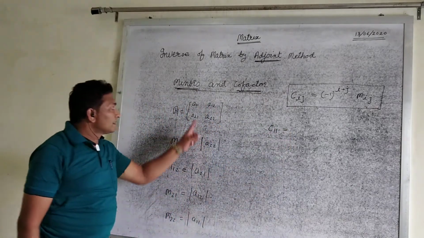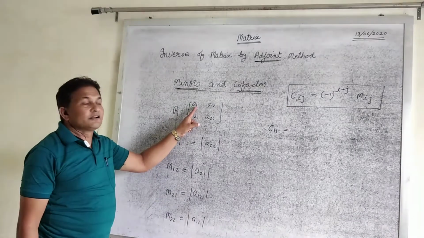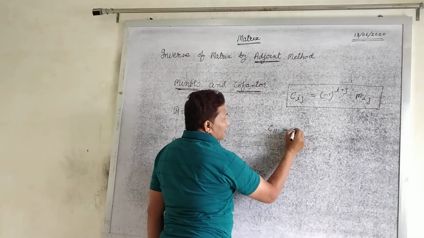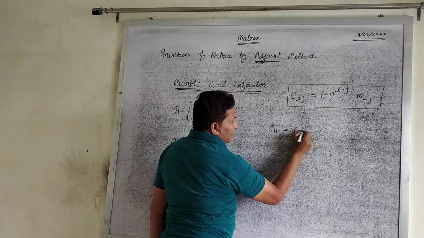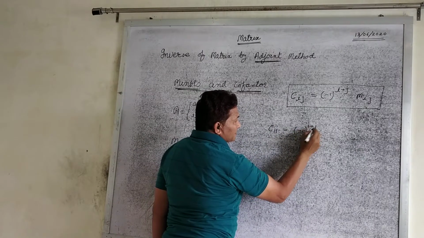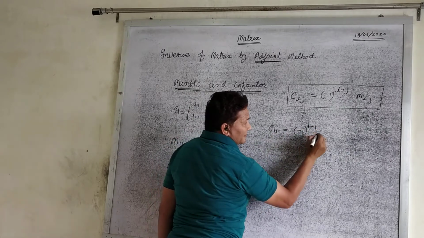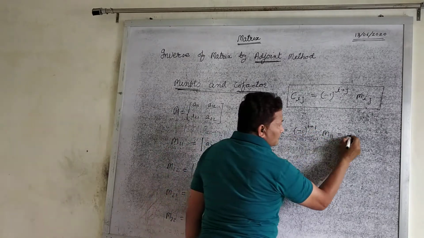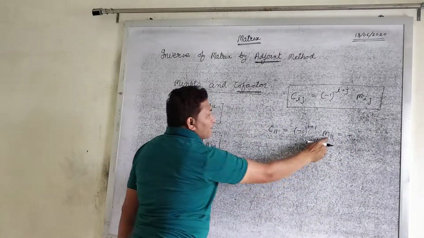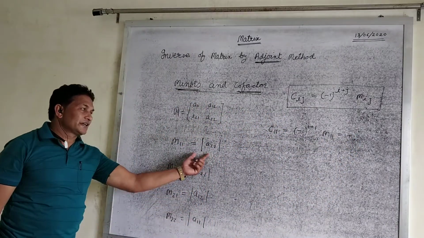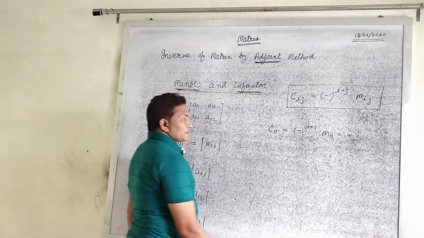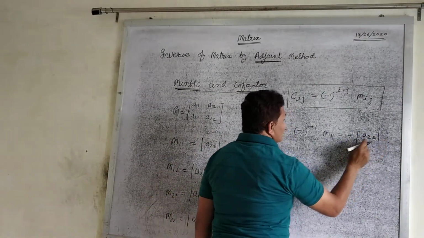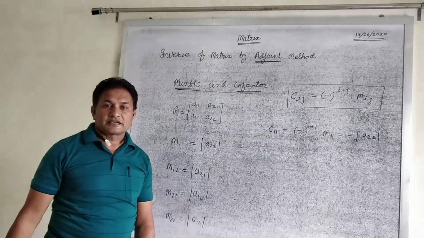Now find the cofactor of the first element. The first element is A11, which is in first row, first column. By using this formula, the cofactor is minus 1 to the power 1 plus 1 into M11. So minus 1 to the power 2 is plus, and you already have the value of M11. So this is the cofactor of the first element.